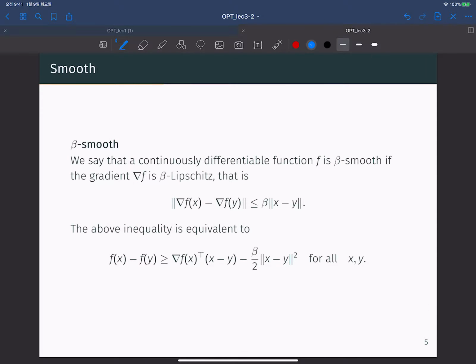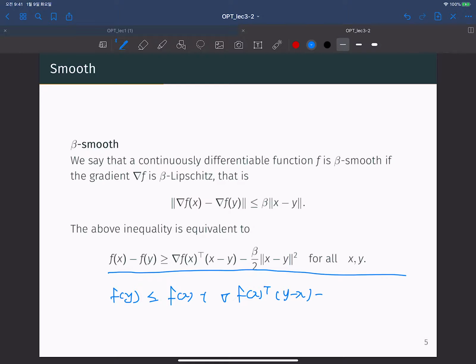So next one is smoothness. We say the continuously differentiable function f is beta smooth if the gradient of f is beta Lipschitz, or your function satisfies this, which means f(y) is less than or equal to f(x) plus the gradient of f(x) transpose times (y minus x) plus beta over 2 times the squared Euclidean norm of (x minus y).